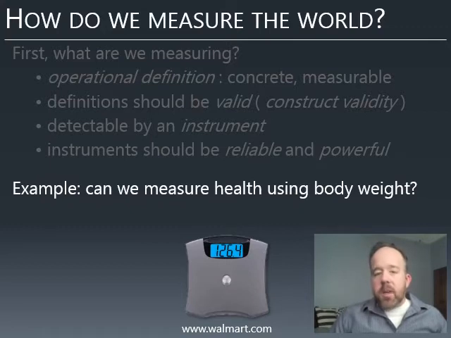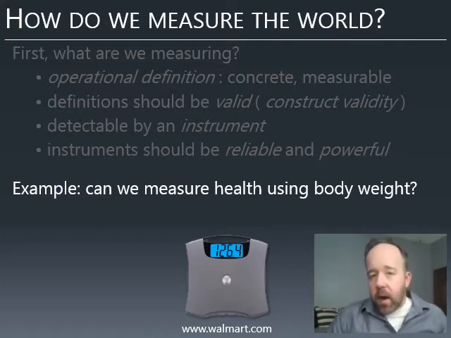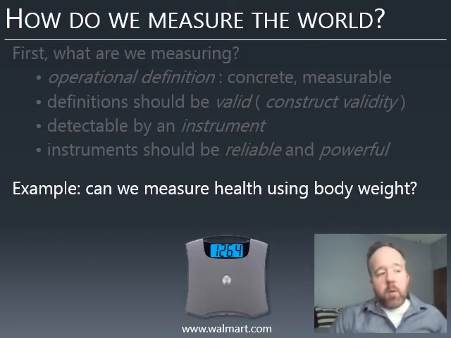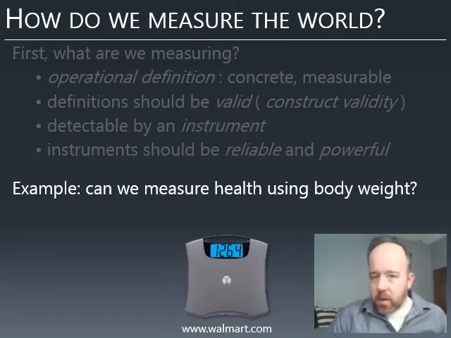And of course, to be a better measure, a more valid construct, it has to take the person's height into account. So you have things like BMI, the body mass index, which uses two measurements. And of course, the BMI itself is not perfect either, because you have differences in musculature, for example.